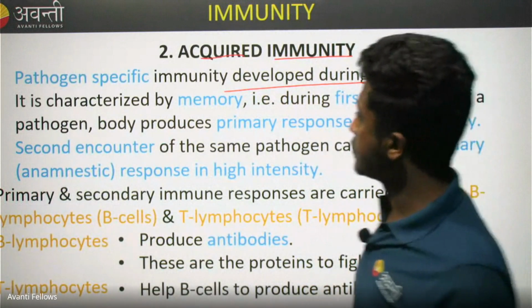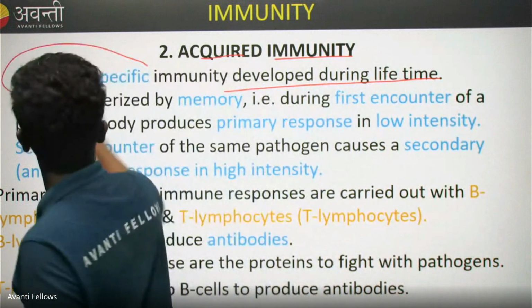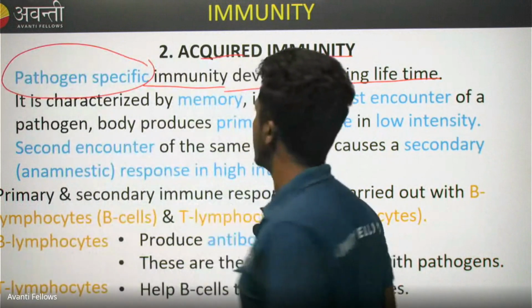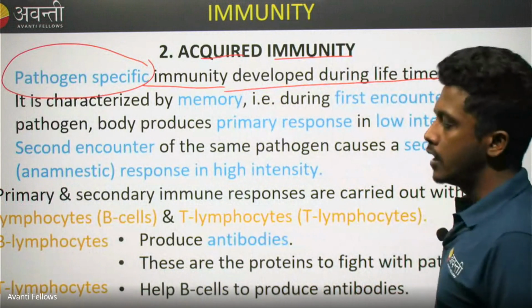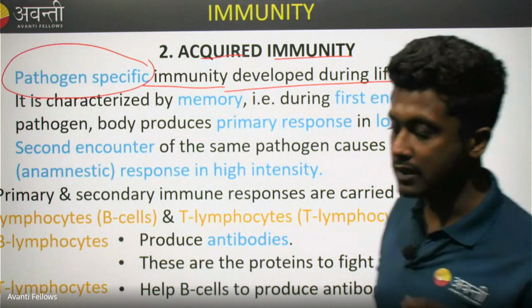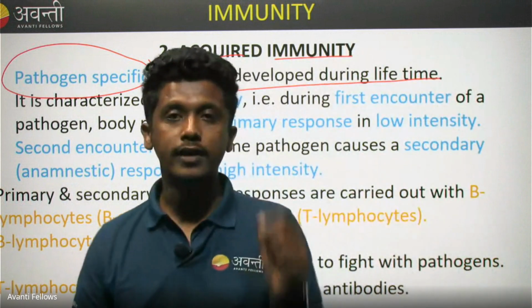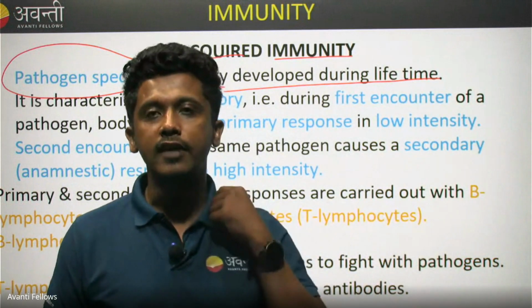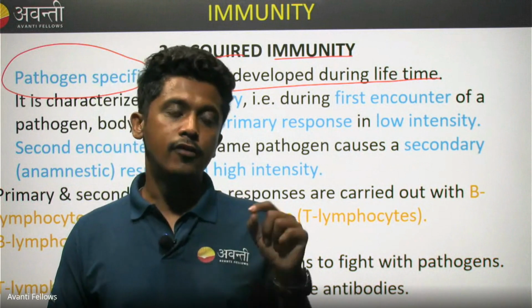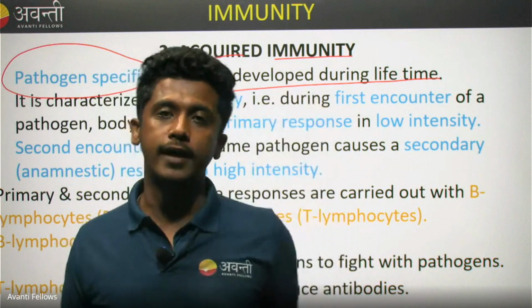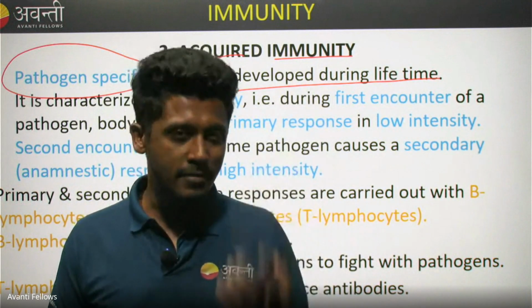This is also called pathogen specific immunity because it knows what it is doing. If I have to attack someone, I should know who I am fighting, and for that I should have memory, right?